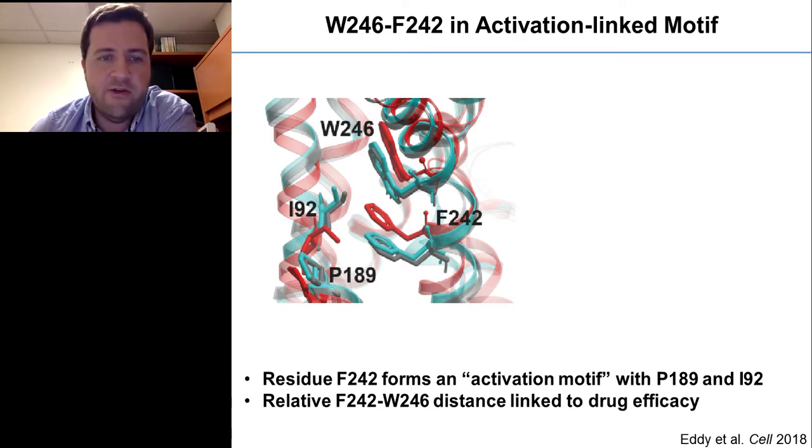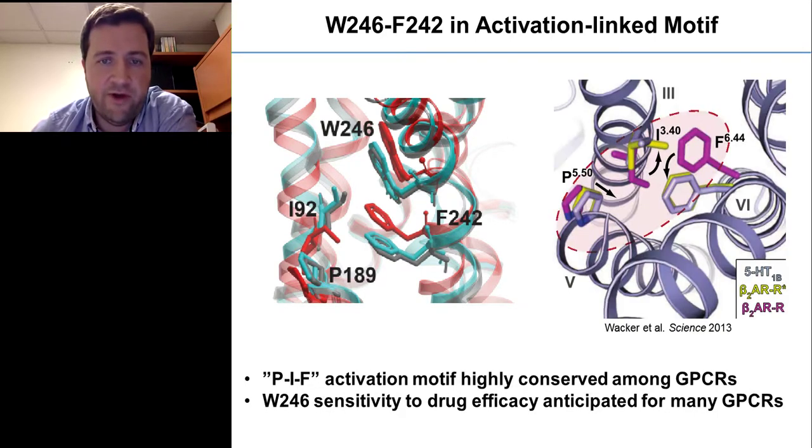What's really exciting is that this phenylalanine 242 is part of a conserved activation motif called the PIF activation motif, consisting of proline 189, isoleucine 92, and phenylalanine 242. So the relative changes in the conformation of the activation motif are reflected in changes of the position or chemical shift of the indole signal for tryptophan 246.